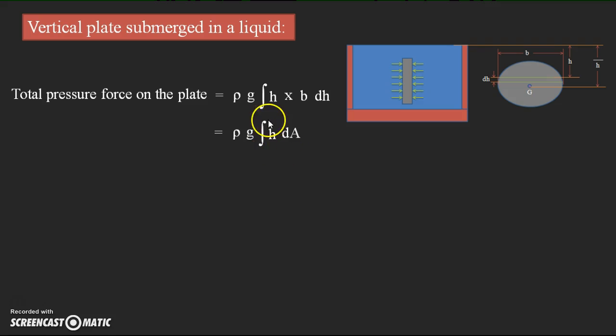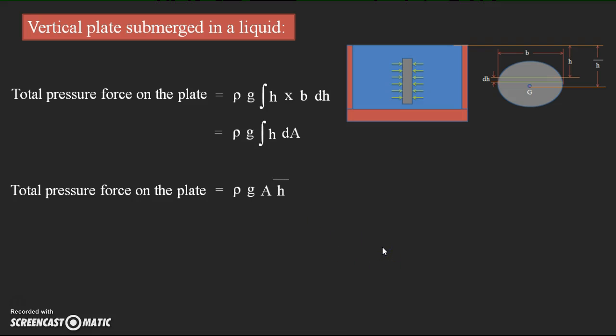When you keenly observe this integration h dA, this is the moment of the area. This moment of the area will give you the center of gravity position of the given object. From mechanics of solids, this integration h dA we can write as A into h bar. So the total pressure force on the plate is equal to rho g A h bar.